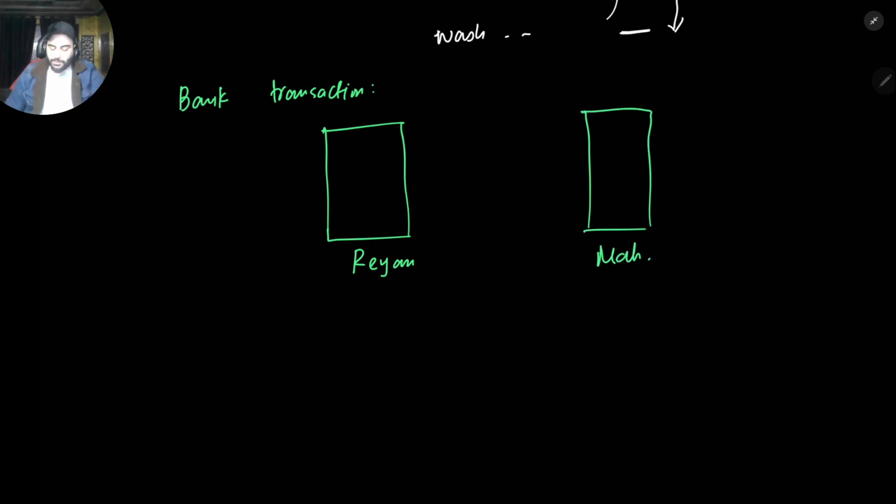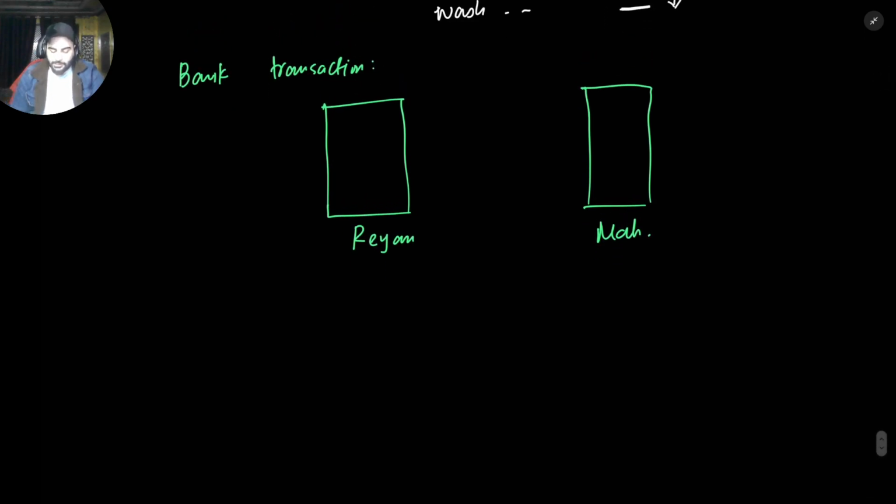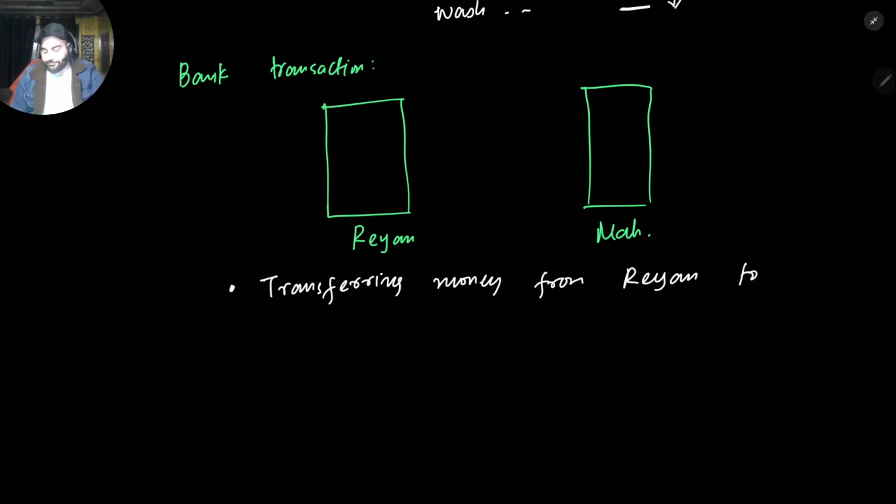So we have two people doing a transaction. What are the steps involved? This is a unit of work. The unit of work is transferring money from Rian to Mahvish. This is what I mean by a transaction.